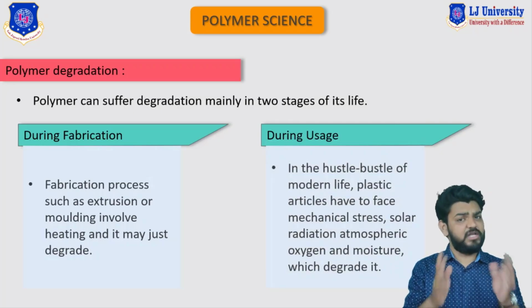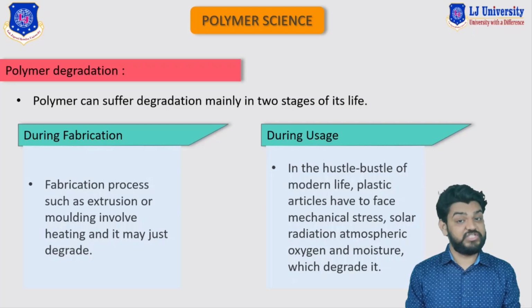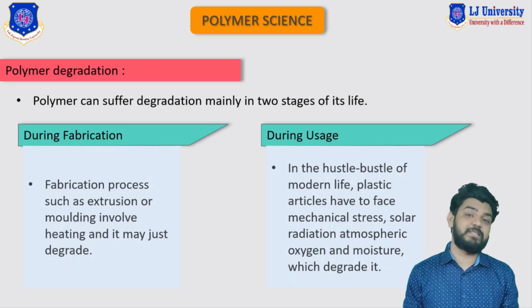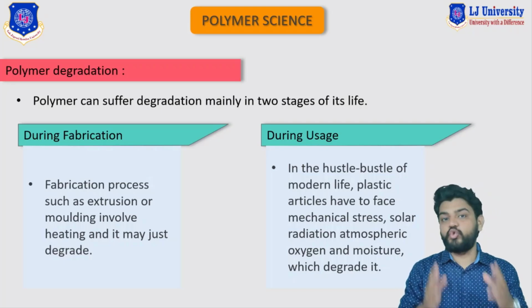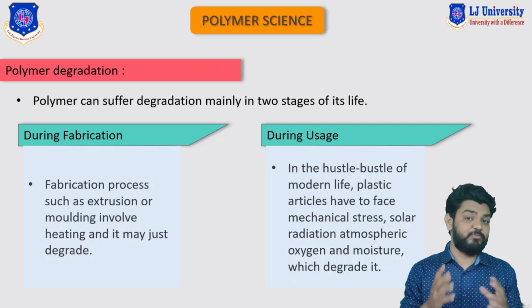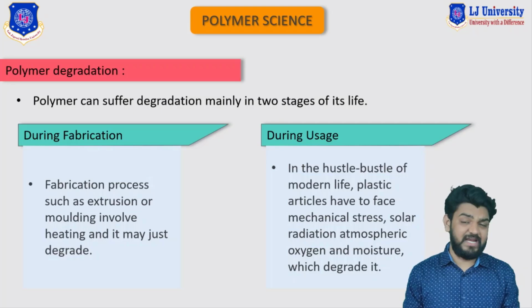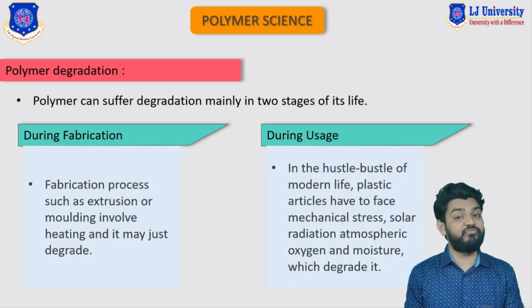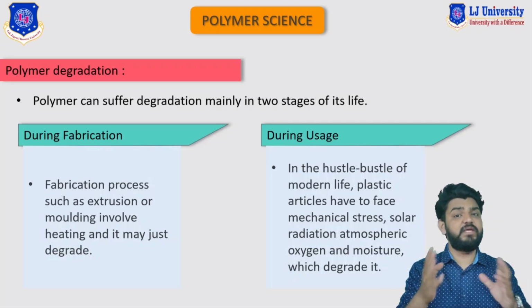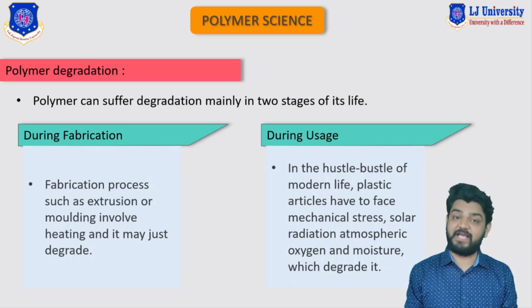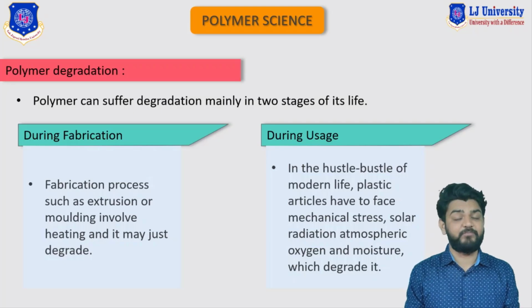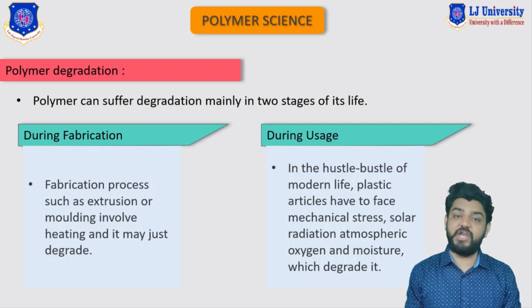In the hustle and bustle of modern life, plastic articles have to face mechanical stress, solar radiation, atmospheric oxygen and moisture, which ultimately lead to the degradation of the plastics. In day-to-day life, we use plastic for many purposes, as polymer is an integral part of our lives.